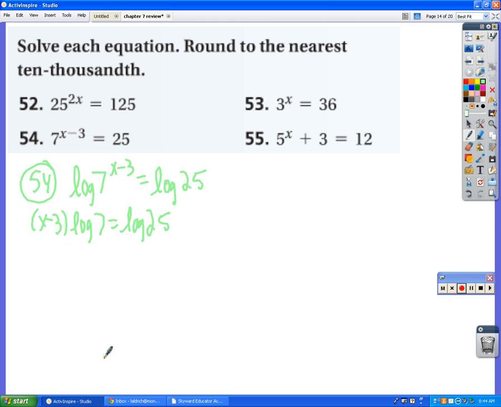Divide both sides by log of 7. X minus 3 equals 1.65. Nice. What do I do with the minus 3? Got it. So final answer, 4.65.